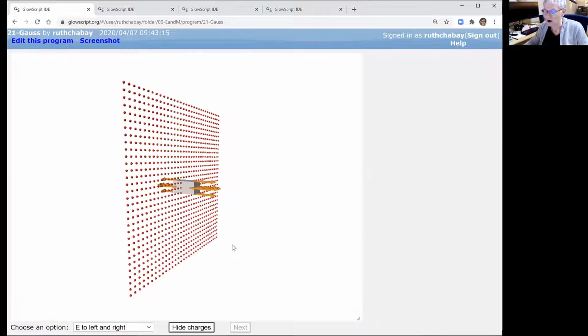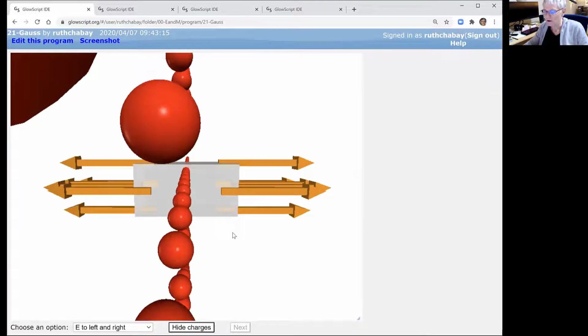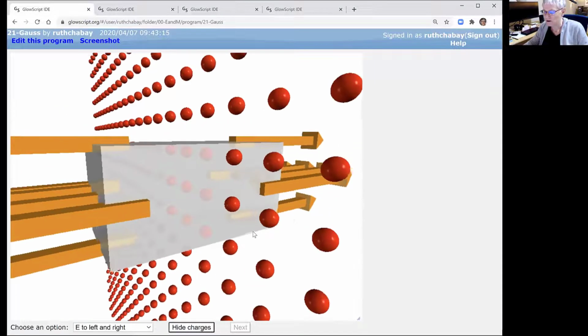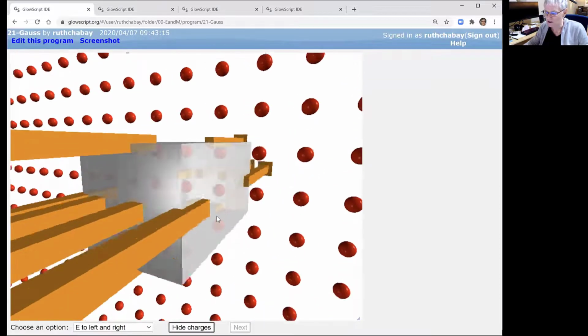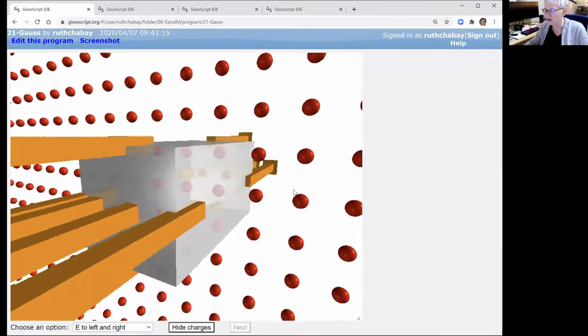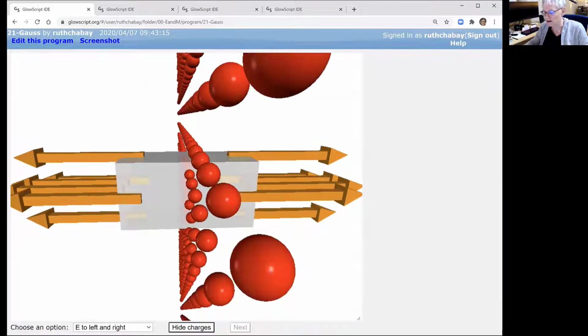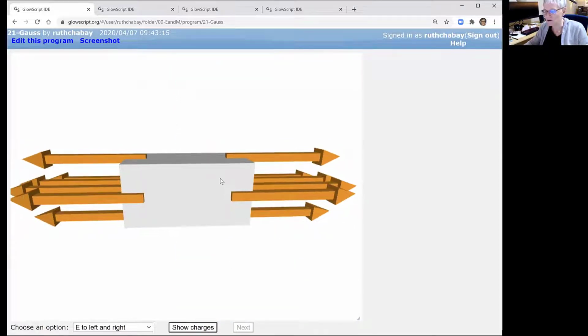And so a lot of the charge is actually outside of this box, but not all of it. If we make the box transparent and look inside, we see that there's a bunch of positive charges inside the box as well. So you correctly decide that there is positive charge inside the box.